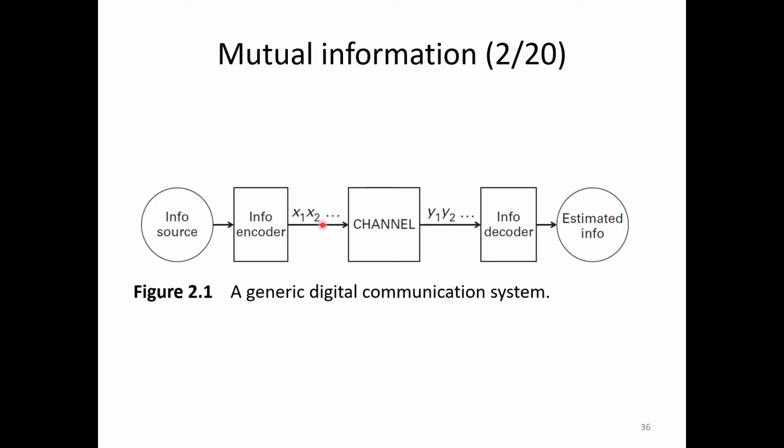When these symbols are passed through the channel, at the output of the channel we will get symbols y1, y2, and so on. Then at the receiver, we have an information decoder, and after the decoding, we will obtain the estimated information.